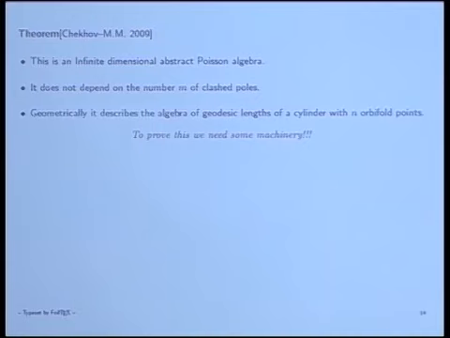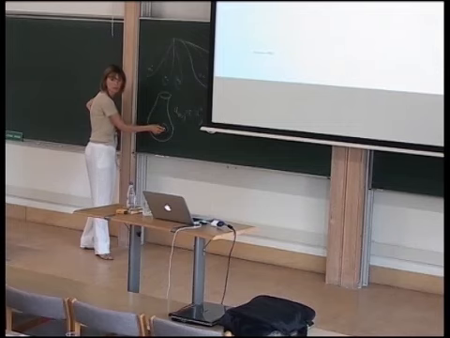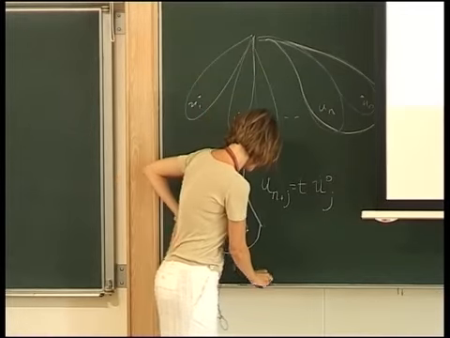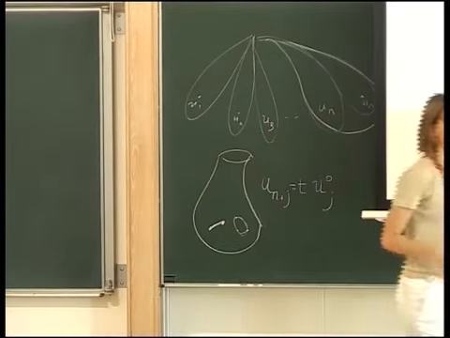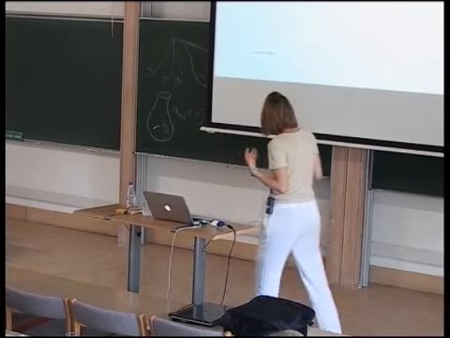When we consider it as an abstract algebra and forget about the origin, we don't see the origin anymore. What it essentially describes geometrically is that when I'm clashing a few points, these points form a new hole from a geometric perspective. So we have constructed the Poisson algebra of geodesic lengths on a cylinder instead of a sphere with marked points. So we have two holes.